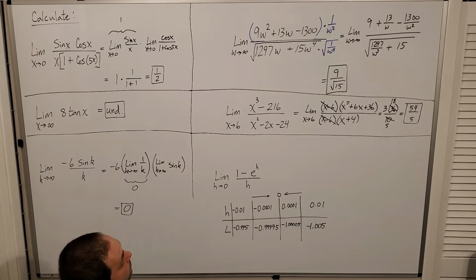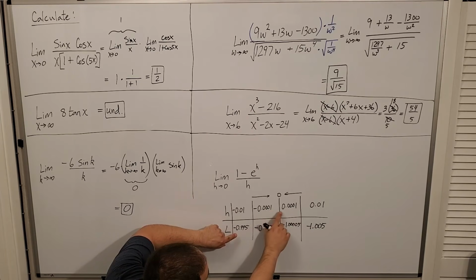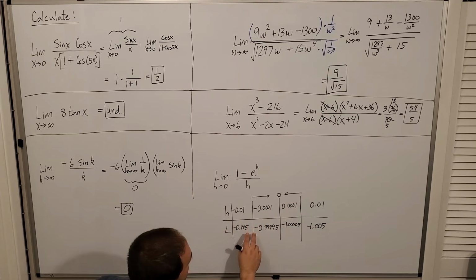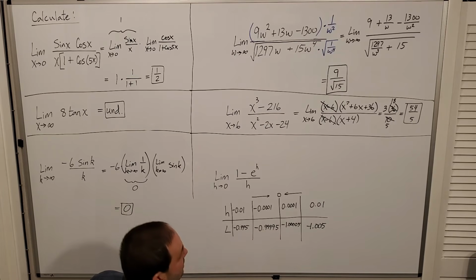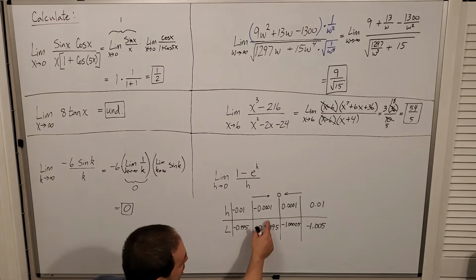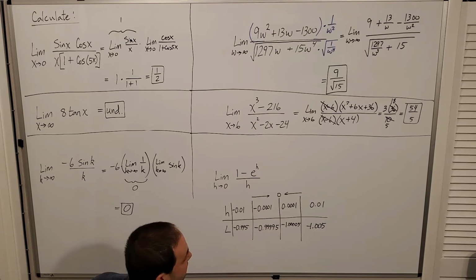From the left, the closer I go to 0 by plugging in that number, I can see that the output limiting value gets more and more 9s after the decimal place. So if I were to go even closer with more 0s and a 1, I would get more 9s and a 5.